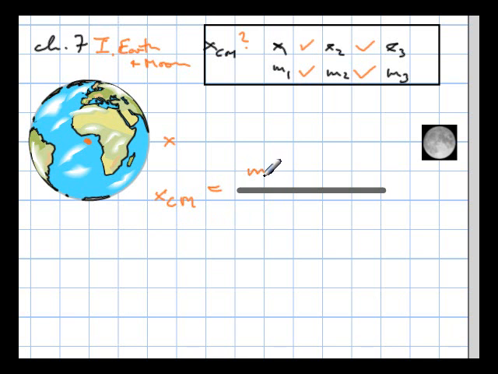So mass of the Earth times the distance of the Earth plus mass of the Moon times the distance of the Moon, divided by the combined mass. Okay. And as I said, this one here would come out to 0, so it's basically going to be the mass of the Moon.